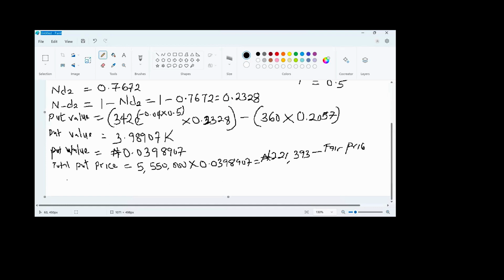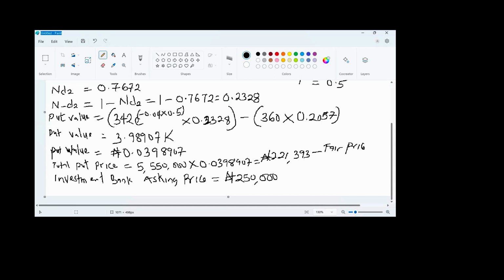The merchant bank is asking you to pay. So the investment bank's asking price is 250,000. The investment bank says come and pay 250,000, but the price is 221,000.